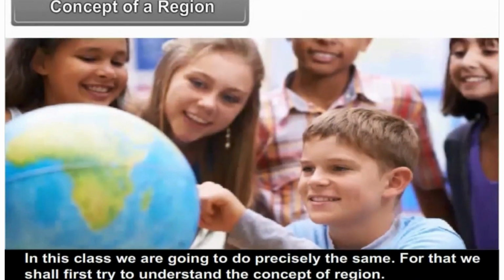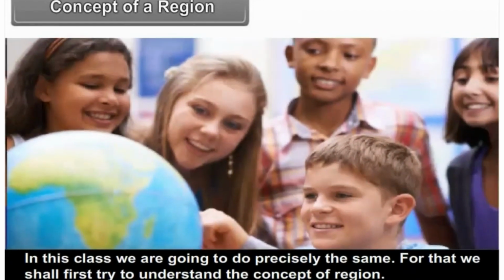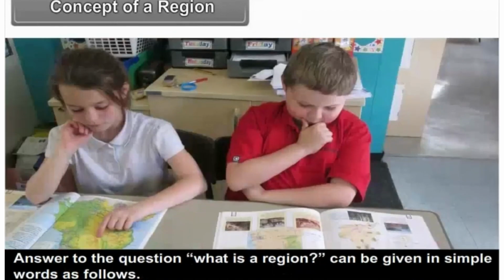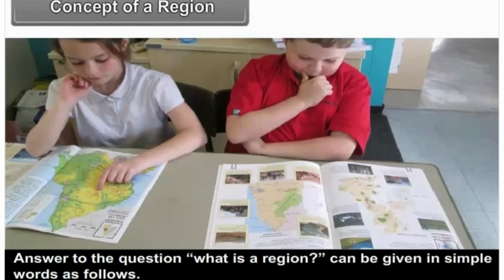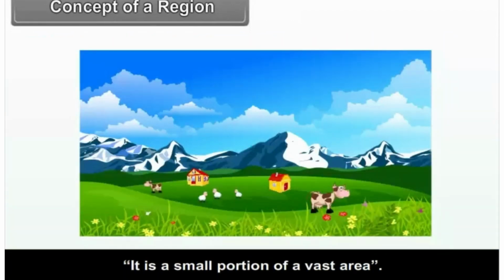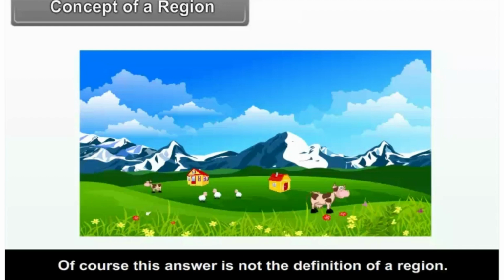For that, we shall first try to understand the concept of region. Answer to the question, what is region, can be given in simple words as follows. It is a small portion of a vast area. Of course, this answer is not the definition of a region.